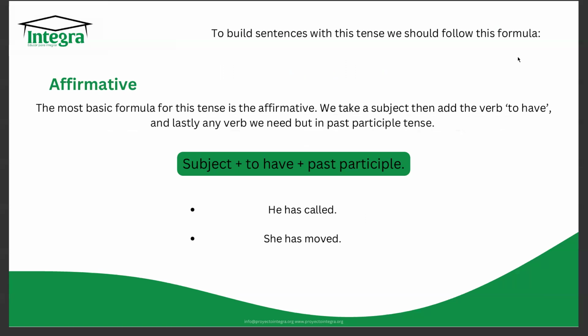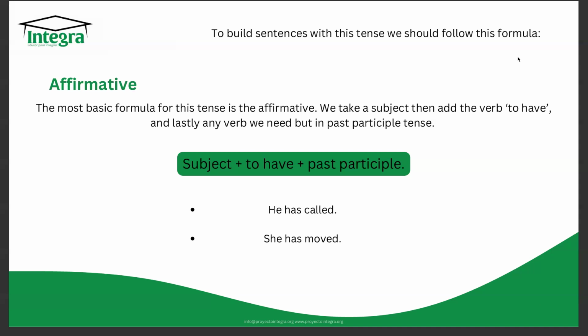So, for the affirmative sentences, we take the subject, then we add the verb to have, and lastly, we add the verb that we need, but in past participle. For example, he has called. So we have he as the subject, to have, that's the same thing as has.